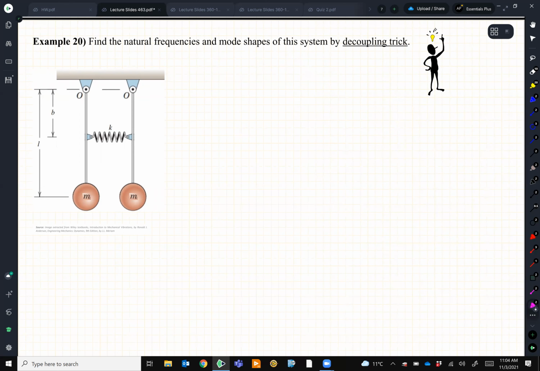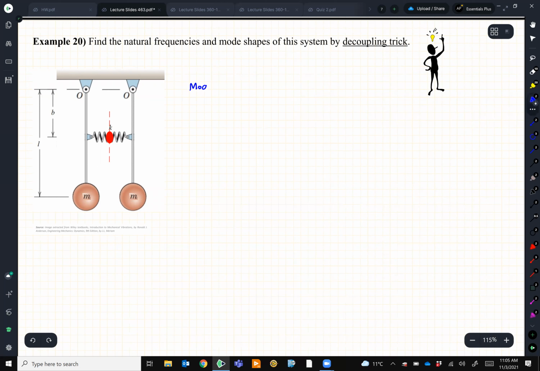If we put a camera, again, we realize that the point in the middle of this spring is a fixed point. So I can cut my spring here and treat each pendulum independently. Let's write it down here.